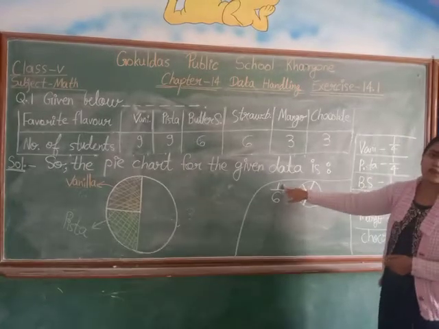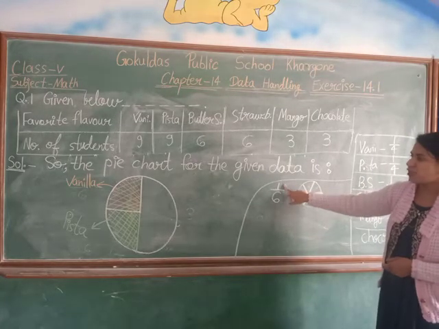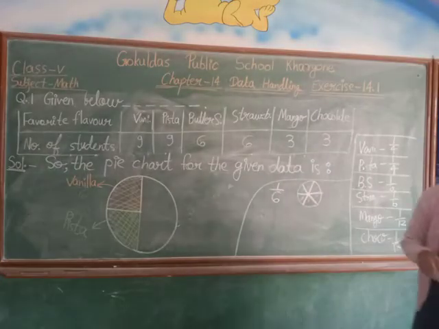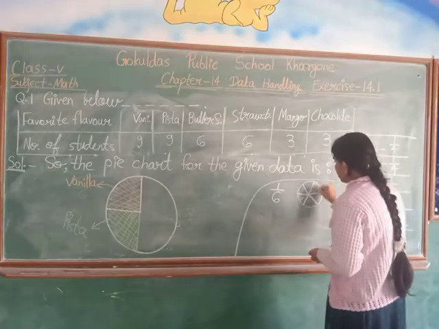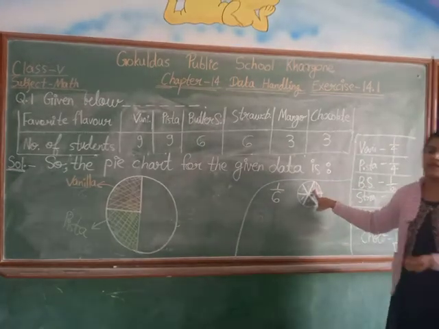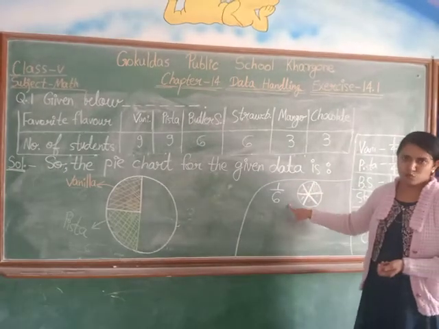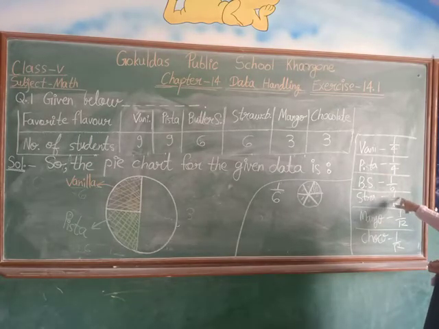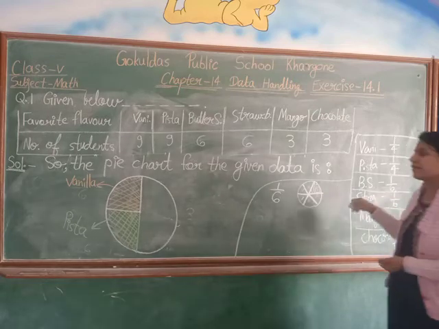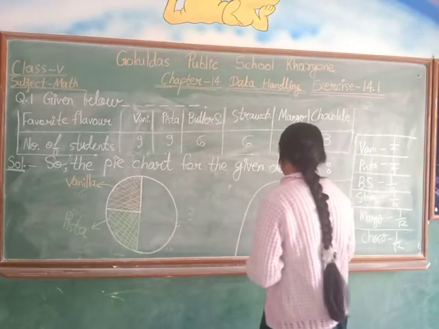Out of these 6, how many parts are shaded? 1 part is shaded. So this much part is showing 1/6. For strawberry, the fraction is 1/6, meaning out of 6, 1 part is shaded, right?